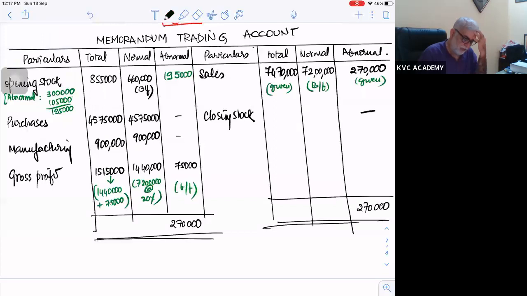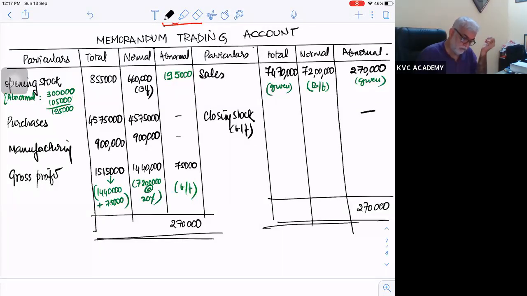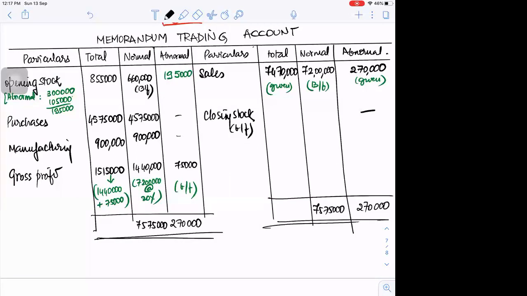660 plus... Can you do the math, please? 75 lakh 75,000. Normal items, 75,000.